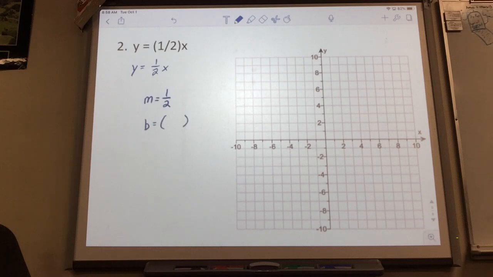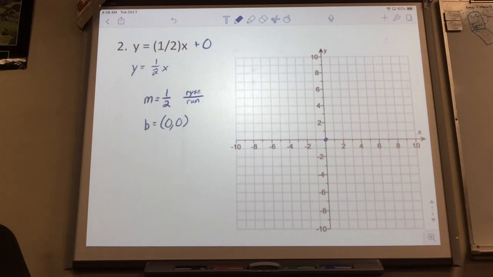I need 2 numbers. 0, 0. The first number is always 0. Okay, and that's because this says plus b, or plus 0, because there's nothing there. Okay, so our starting point is at 0, 0. Then we're going to rise 1, and then run 2.